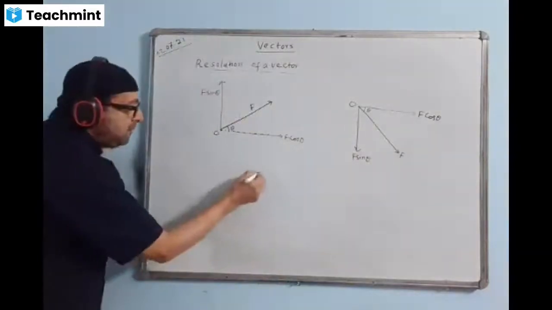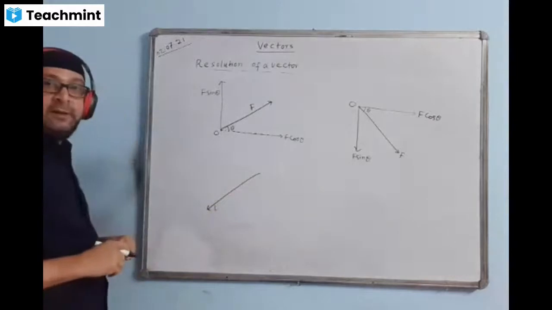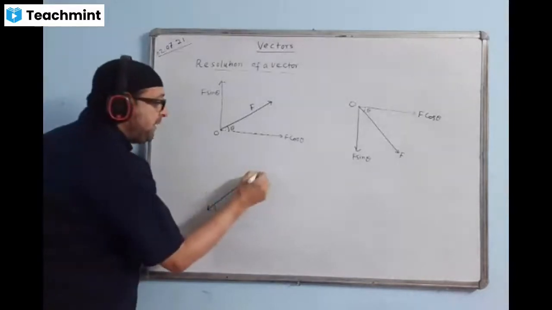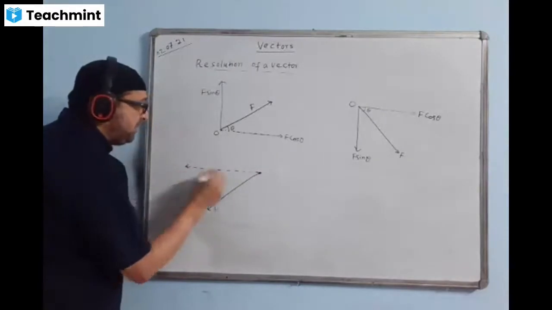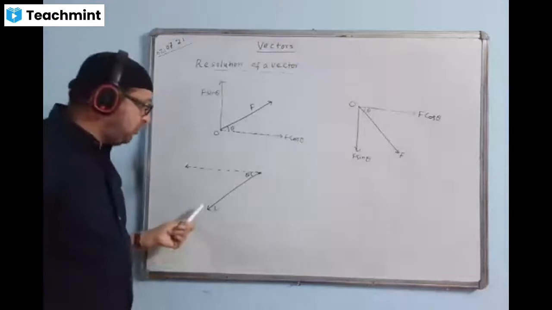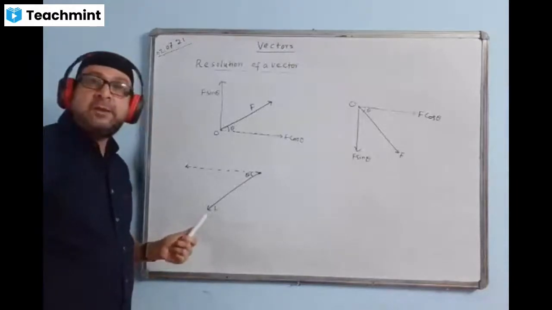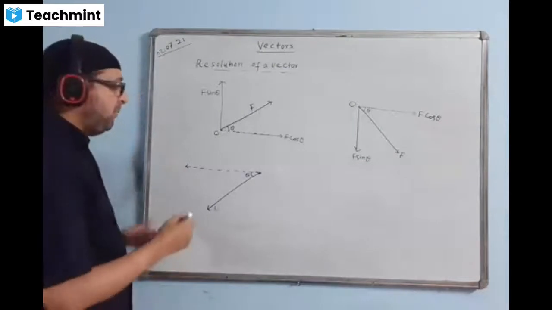Similarly, I am having a velocity here. Now this is a velocity vector like this, and it is making some angle, here, like this. This angle is theta. We can break this into two components. This is a single vector, but we can break it into two components. Where should we break?